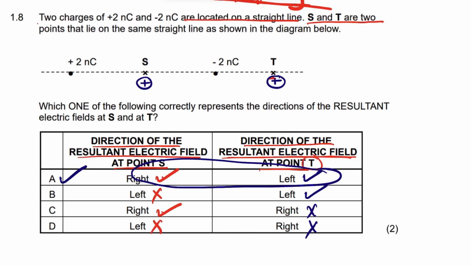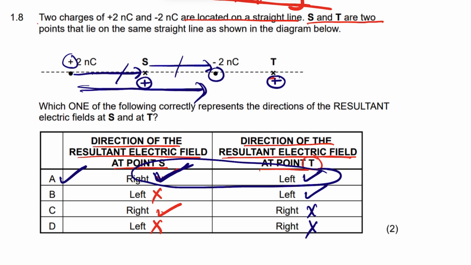So let's look at the net electric field experienced by S. This one is positive as well, so it will repel S to the right, and this one is negative, so it's going to attract S to the right. So the net is going to be right. When you add these two, it gives you that longer one, which is right.